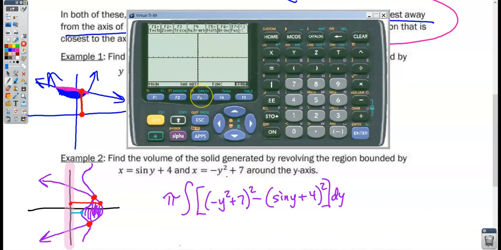When I make this graph, this confirms for me that the parabola is the outer curve, because this is just like revolving this inverse region around the x-axis. The parabola is the outer curve, the sine curve is the inner curve, and these intersection points are the same as the intersection points on the original, except that the coordinates are reversed.